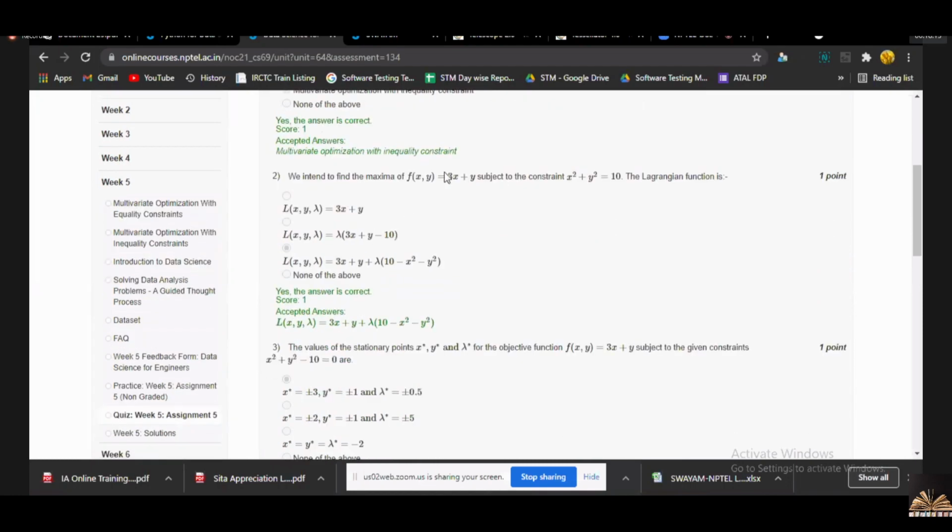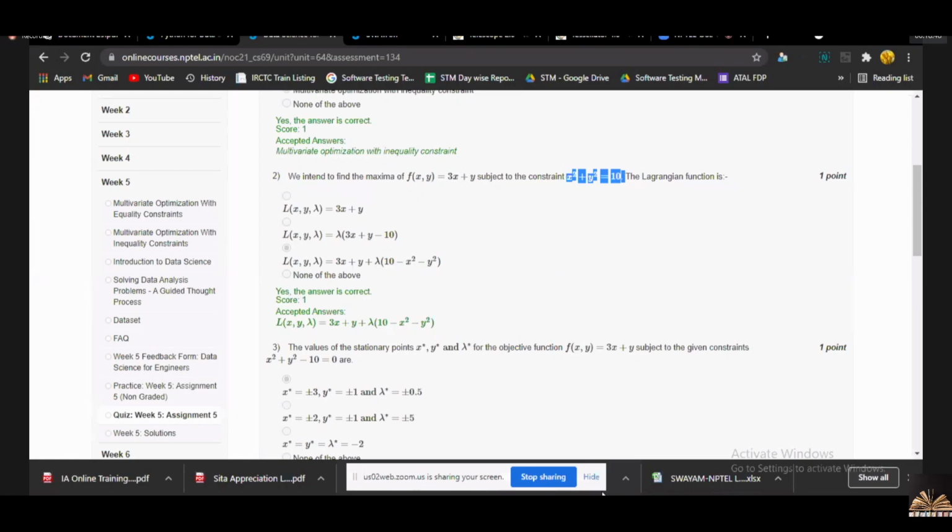Now the second question: we intend to find the maxima of the function 3x plus y subject to the given constraint x square plus y square equal to 10. What they are asking is, what is the Lagrangian function? How are you going to write it with this objective function and with respect to the given constraint?